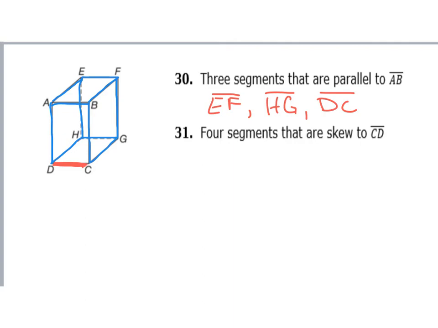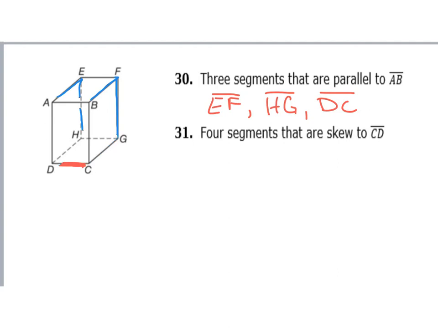So I'm going to get my eraser and erase everything that's parallel. So AB is parallel, EF is parallel, HG is parallel. And then I also can't intersect it. So anything that touches D, I'm going to erase. Anything that touches C, I'm going to erase.